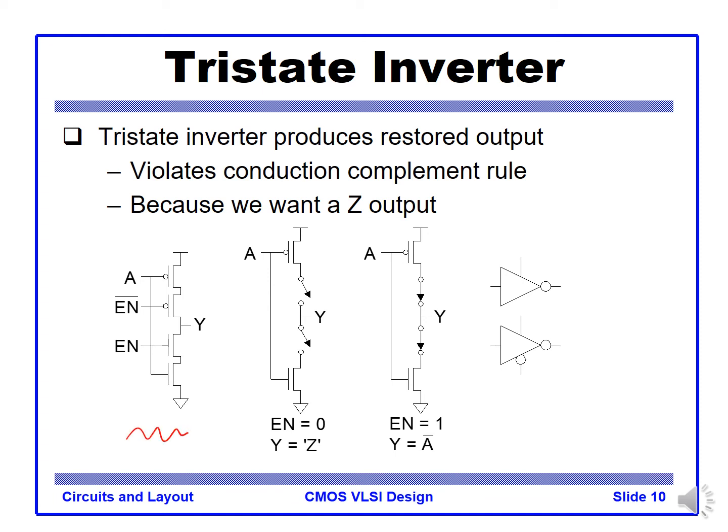So this can be simplified into two states: one is the high-Z state and one is the inverter state. The symbol can be like this. Enable comes in, and for this representation we have a bubble. So enable bar will make this buffer enabled.